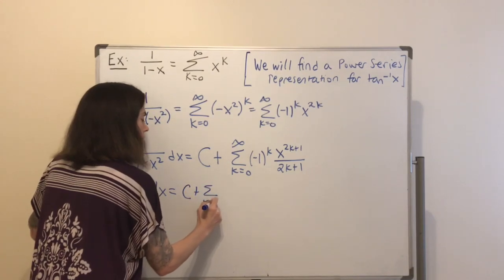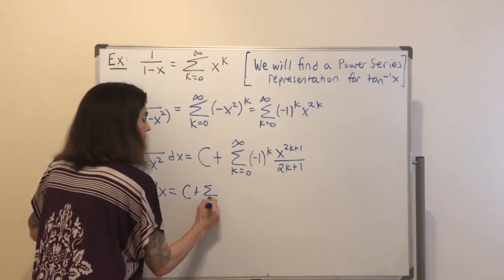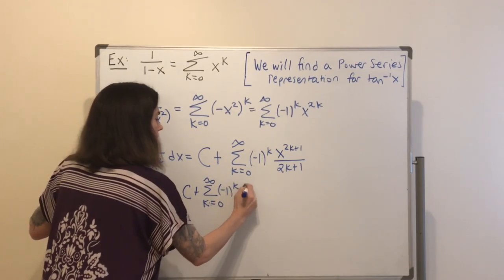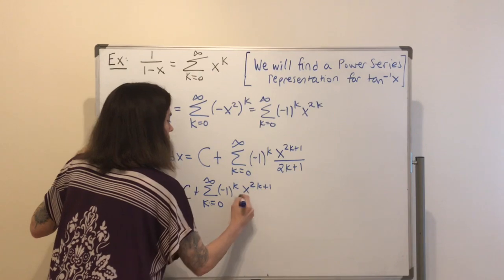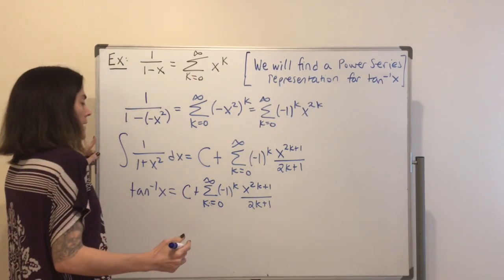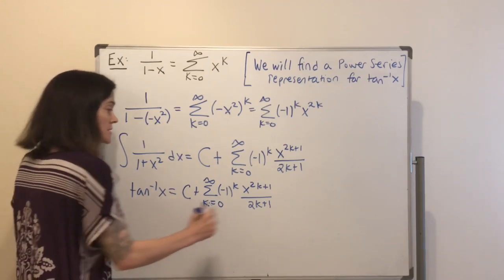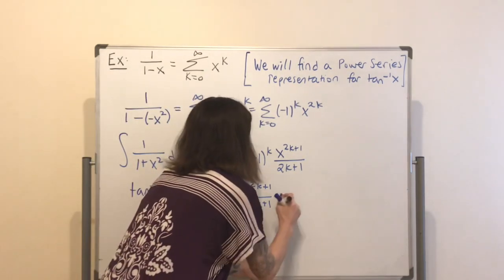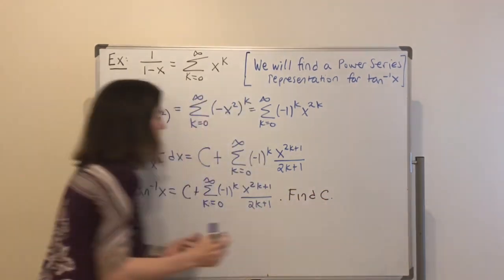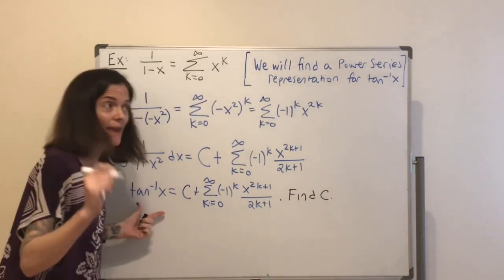Okay, so the sum k equals 0 to infinity of minus 1 to the k, x to the 2k plus 1 over 2k plus 1. But I need to find capital C, because this is, as I mentioned, a specific antiderivative.